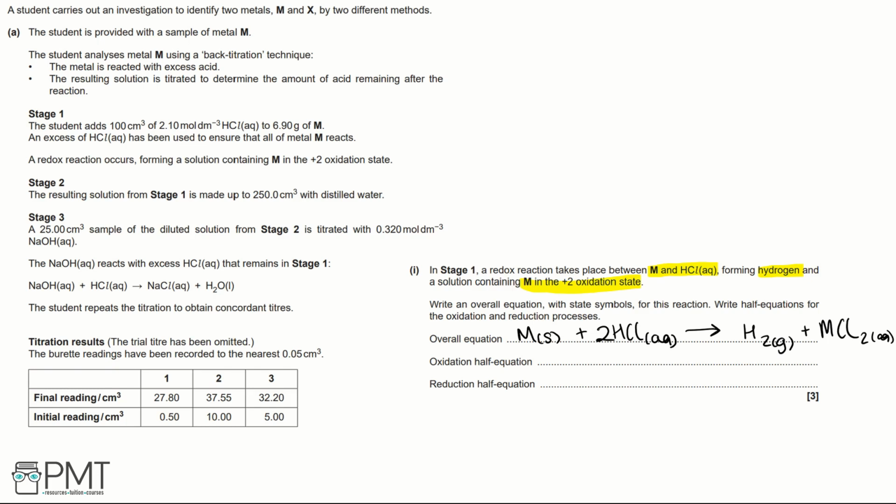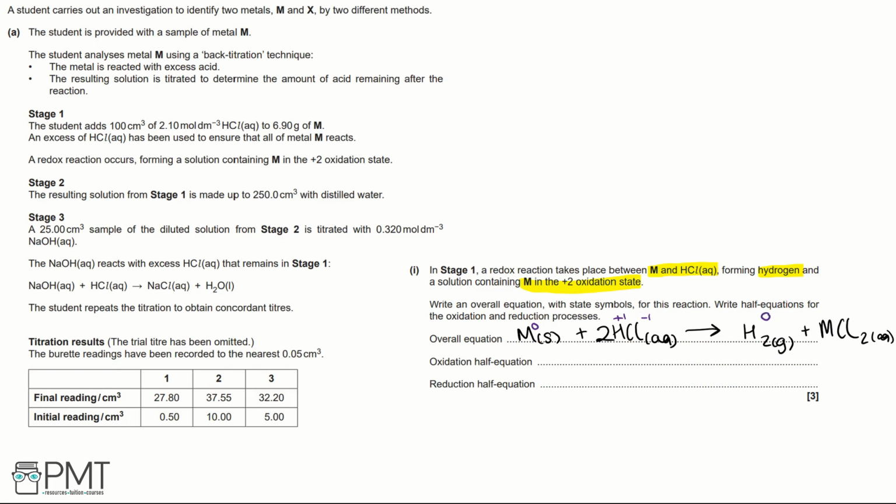components. Now we need to look at what's being oxidized and what's being reduced. Oxidation is the loss of electrons, so its oxidation state is going to increase. The oxidation state of metal on its own will be 0. In hydrochloric acid, hydrogen will have a +1 oxidation state and chlorine will have -1. In hydrogen gas, hydrogen will have an oxidation state of 0.